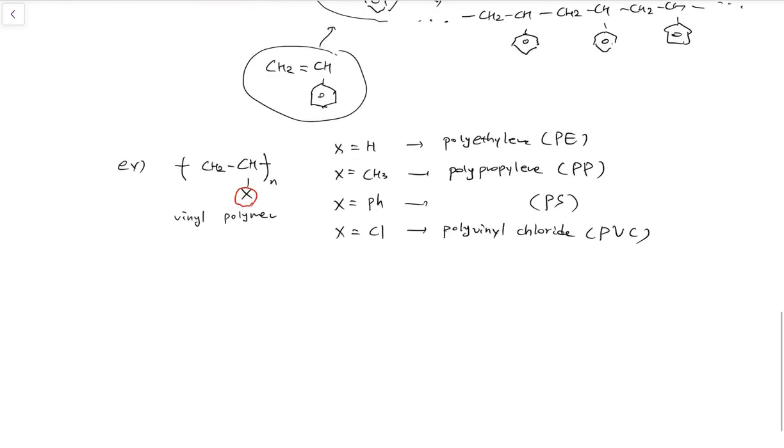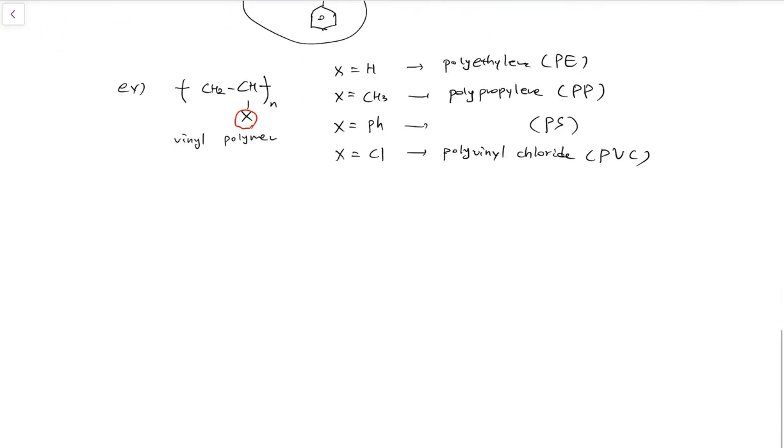Now let's move on to the structure of polymers. If you look at these vinyl polymers, since each element is connected by covalent bonds, they could have different structures.